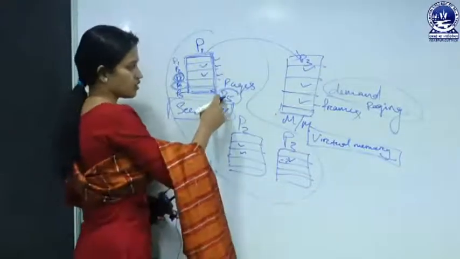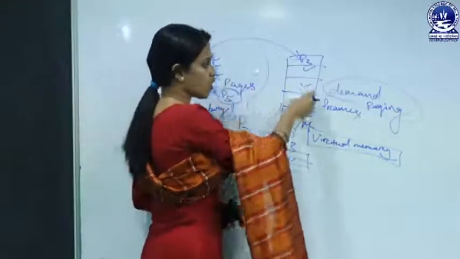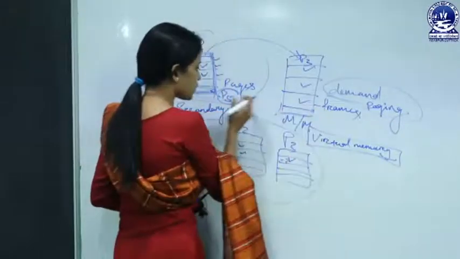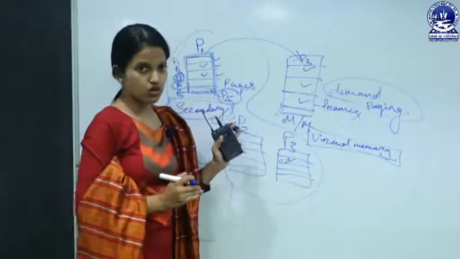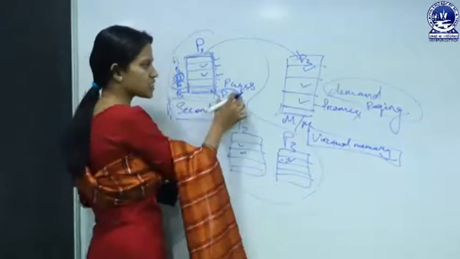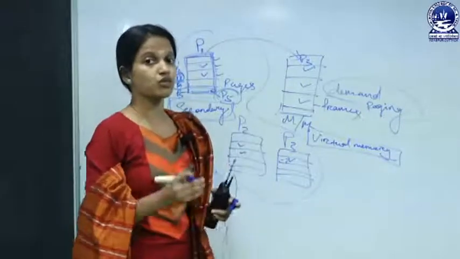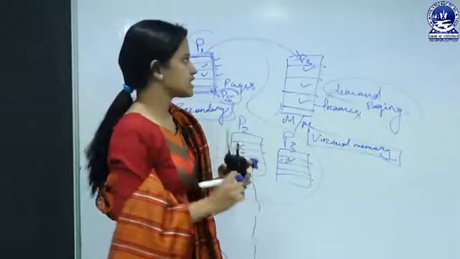But when the main memory required that P5, it is not in the main memory. So at that time the main memory requests the pages for execution, but that page was not in main memory. If the page which is required is not in main memory, then we can say that it is a page fault.